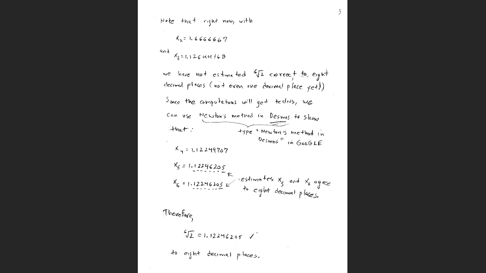Okay, so therefore the sixth root of 2 is going to be approximately equal to 1.1224620 to 8 decimal places. It's an approximation, right? So we use approximately here.